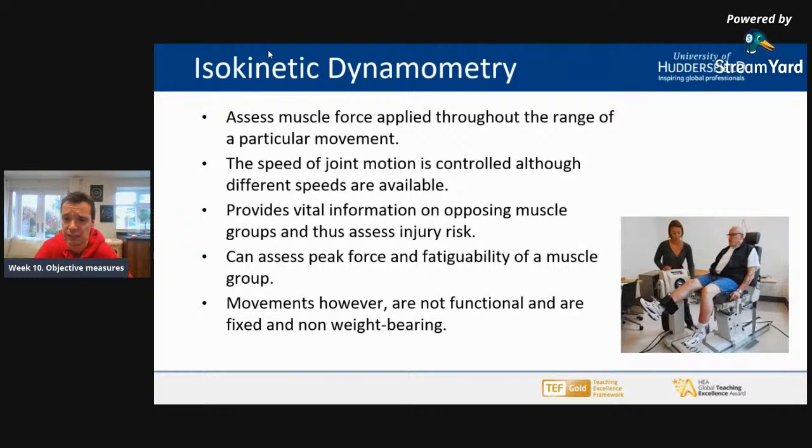And kind of the step up really from your handheld dynamometer is what's called isokinetic dynamometry, or IKD, as some of you may have heard of it. The beauty of this is that you can assess the strength of a muscle throughout the range of a particular joint.